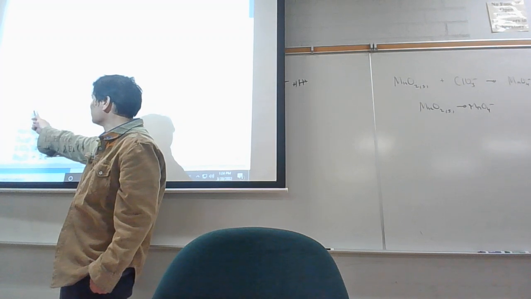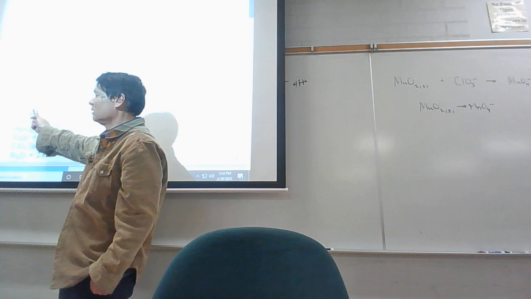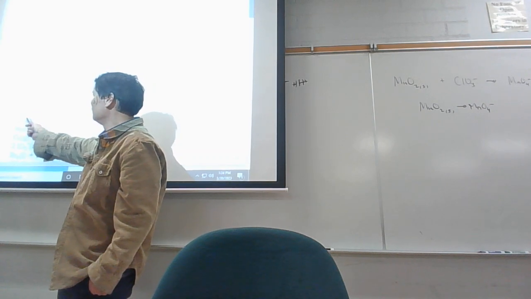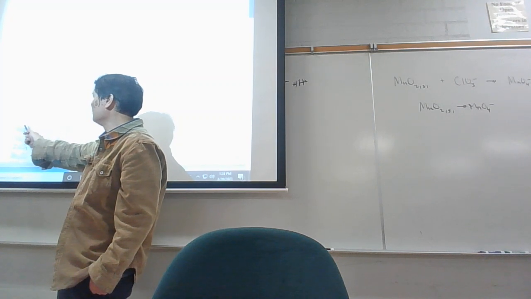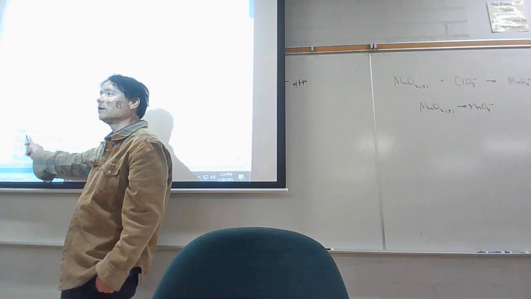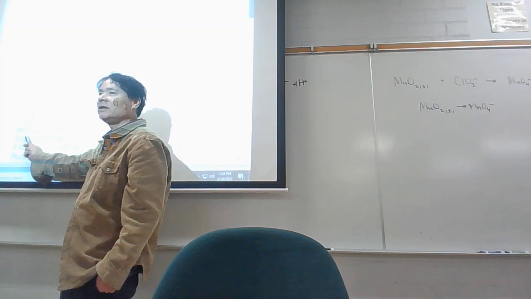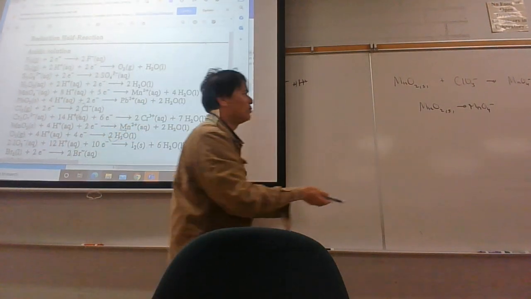After permanganate comes, not lead-2 oxide, lead-4 oxide, followed by, what's that? Chlorine, followed by dichromate, followed by manganese 4 oxide. Well, manganese 4 oxide, I have manganese 4 oxide right here.